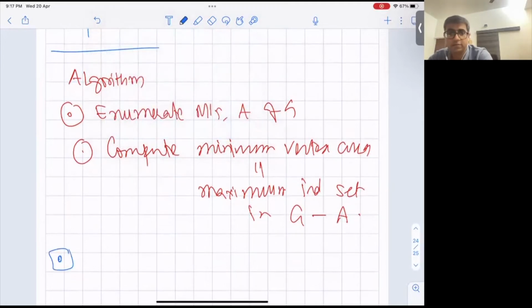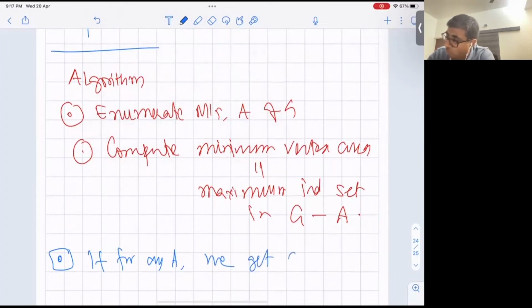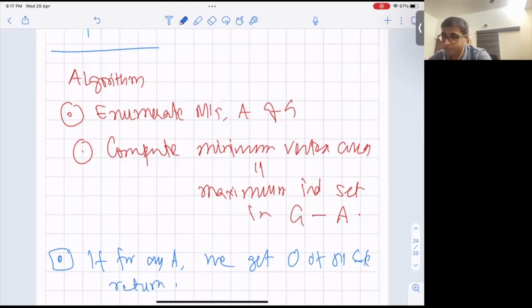Is this fine? If for any A we get O of size at most K, it is returned. Is that fine? Minimum vertex cover O, right? This is my whole algorithm.